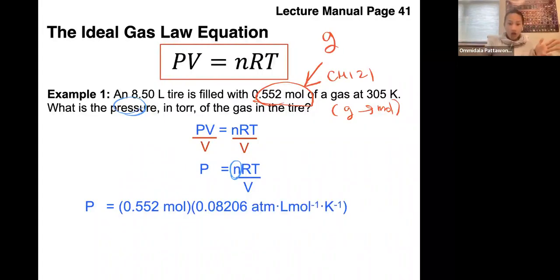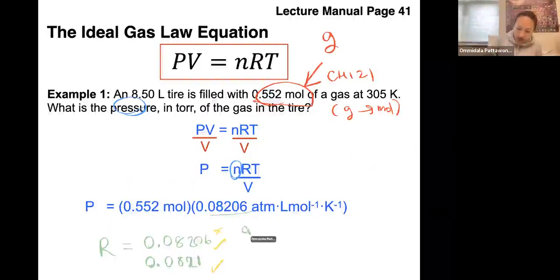The next one is the R value. I want to recall a little bit of math here, just so you are not confused, about the unit of R as you saw previously. These two values are both acceptable, just one is more precise than the other, because it has more significant figures. The unit can be written as atm times liter over mole per Kelvin.